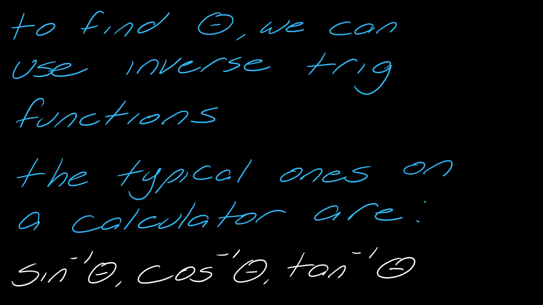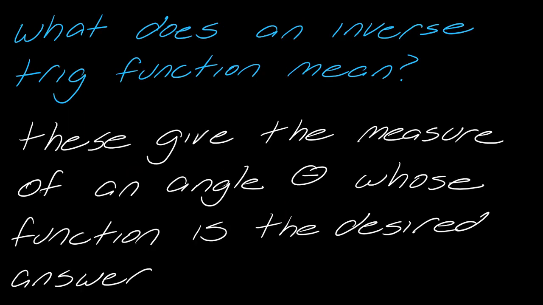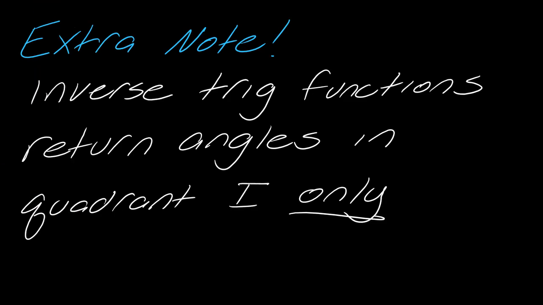The typical ones on a calculator are inverse sine, inverse cosine, and inverse tangent. And so just to make it clear what this means, these functions give the measure of an angle theta whose function is that desired value or answer. And just an extra note, inverse trig functions return angles in quadrant 1 only. Okay, so they're going to always be between 0 and 90 degrees. So just a thing for you to note there.